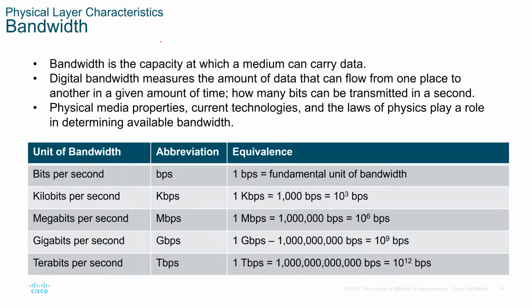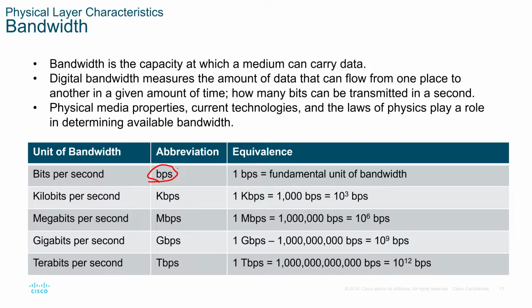When we talk about bandwidth, bandwidth is the capacity at which a medium can carry data. Digital bandwidth measures the amount of data that can flow from one place to another in a given amount of time. How many bits can be transmitted in 1 second, bits per second, as shown here, BPS.